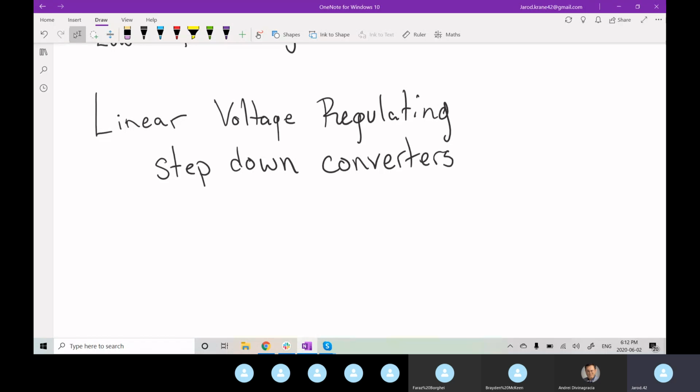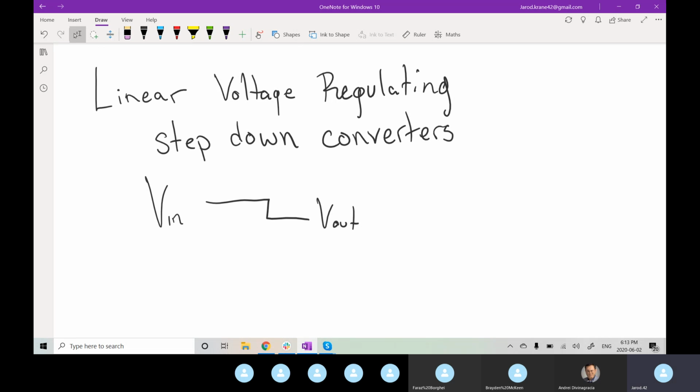That is, we have some input voltage, we step it down to some other level to have our output voltage. Because of the design of these linear regulators, they can only operate as step-down converters. You'll never be able to boost your V out, so you can only drop down from V in to V out.